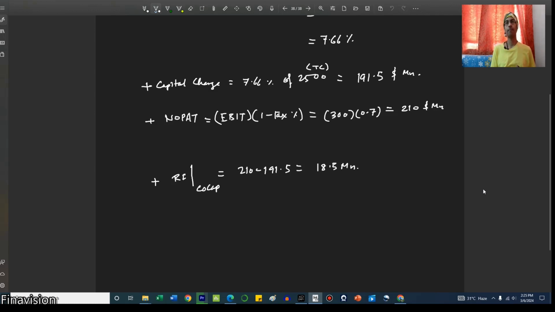Now this version of the residual income is also called the economic value added, or EVA. EVA is equal to NOPAT minus capital charge percent into total capital.